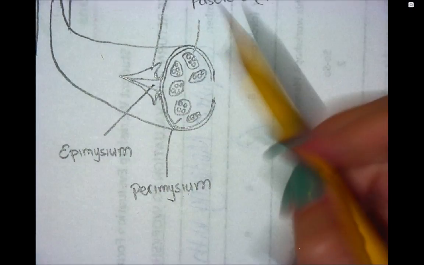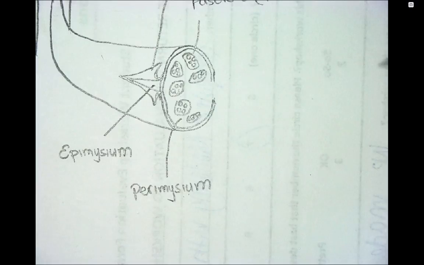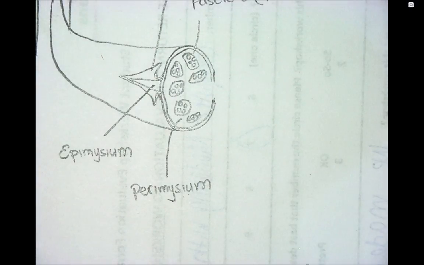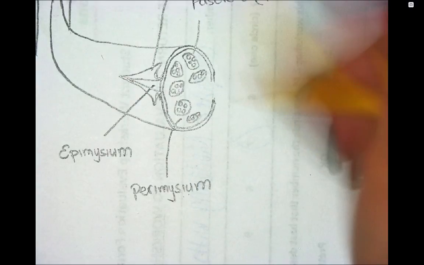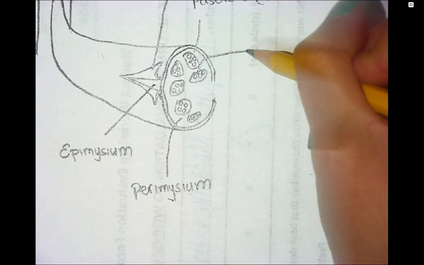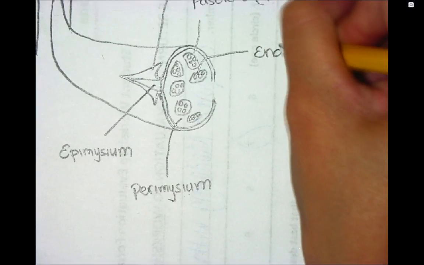Notice the fascicles, I drew these bundles, but there's actually white space in between those bundles. And in reality, the white space in those bundles has its own name because it's its own type of connective tissue. So the white space in between these muscle fibers is called endomysium.